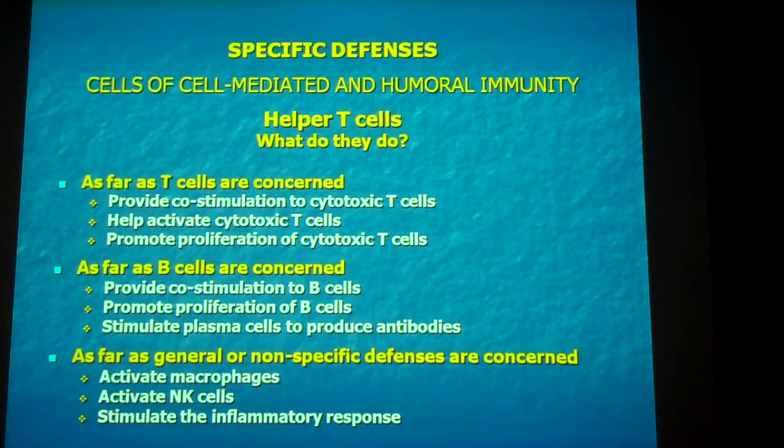Besides that, they activate macrophages, natural killer cells, and stimulate the inflammatory response. So if you don't have helper T cells, you can't have an effective immune response. This is what happens in HIV/AIDS. The problem is with the helper T cells. Their numbers progressively decrease, and as they do, the situation gets worse and worse.